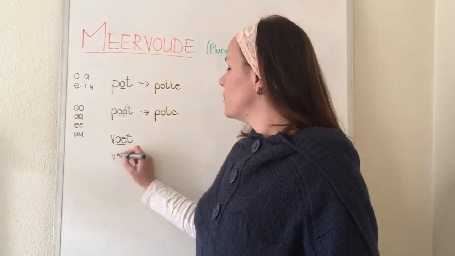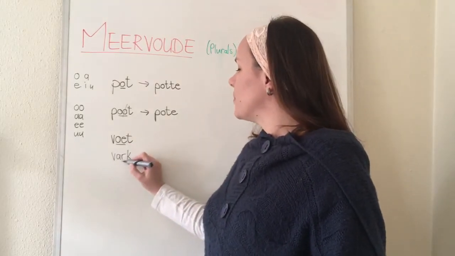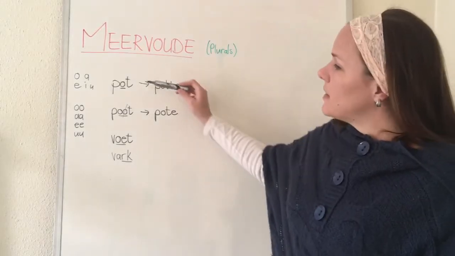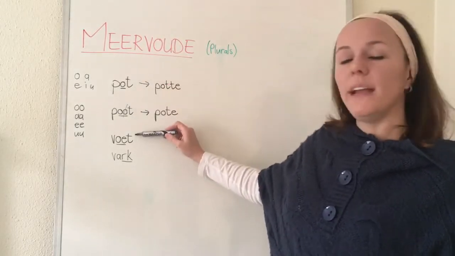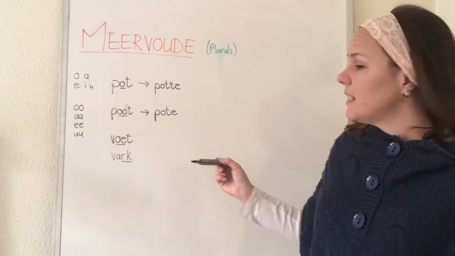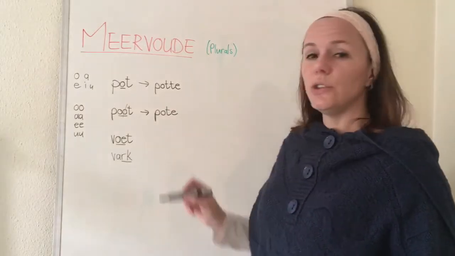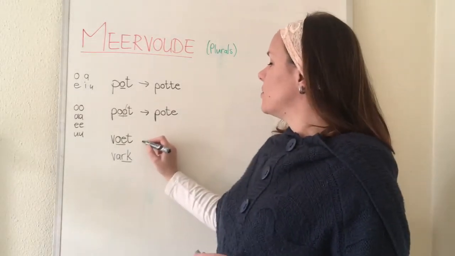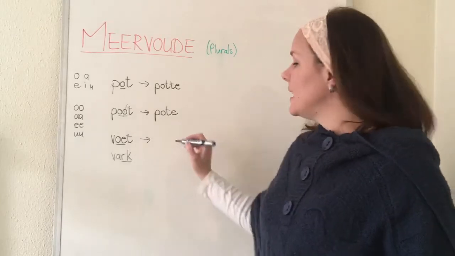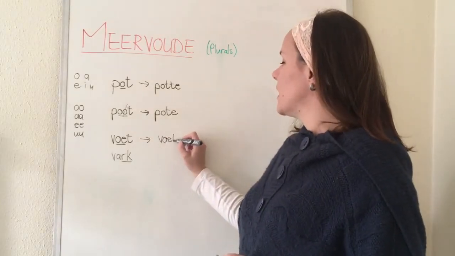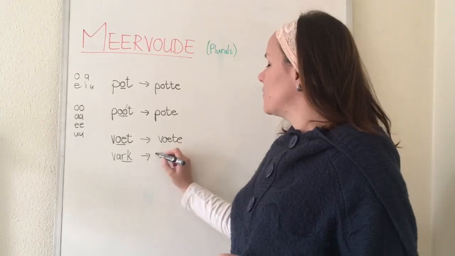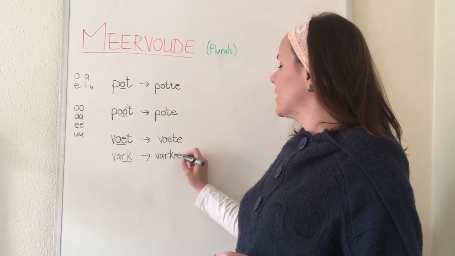And then also words that end with a double consonant. Remember that these examples, they all end with only 1 consonant, but this one has 2 consonants at the end. So the rule there is we only add E, so foot becomes voete and vark becomes varke.